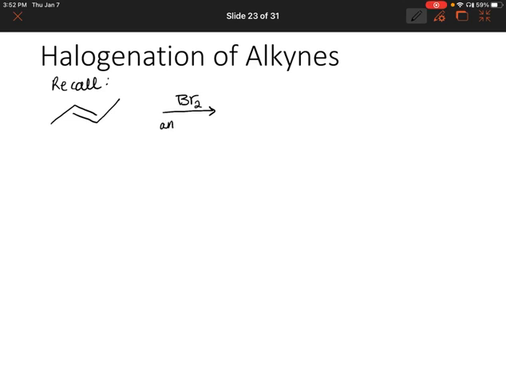Remember, we get that intermediate for this one. So if these add opposite each other, one way that we can draw that, we could show one bromine adding in a wedge position and one adding in a dashed position. And you could have flipped those two. The top one could have been a dash as long as the other one was a wedge.